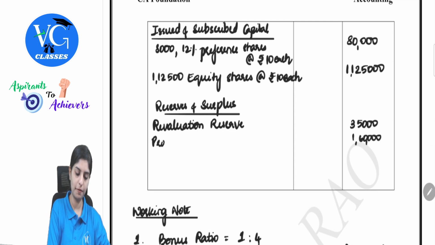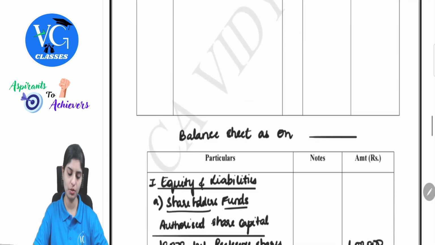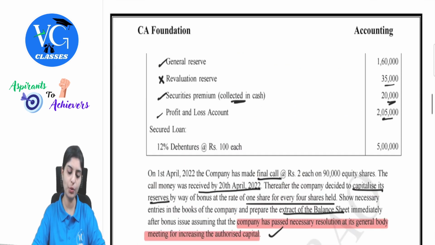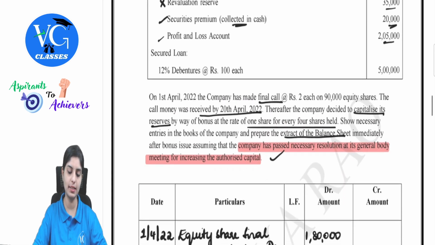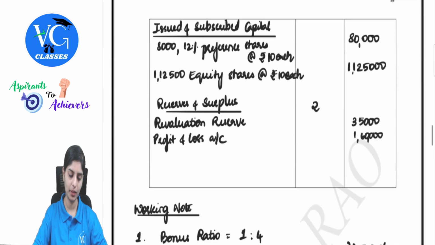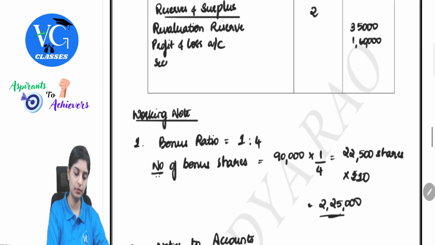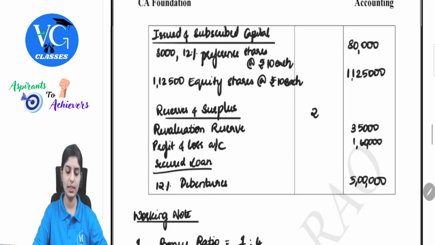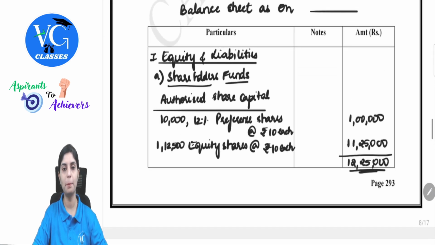This is profit and loss account. Notes to accounts 2. And there was one long-term liability, secured loan, 12% debentures, that will appear as it is, 5 lakh. Now this is the balance sheet which will be prepared for companies.